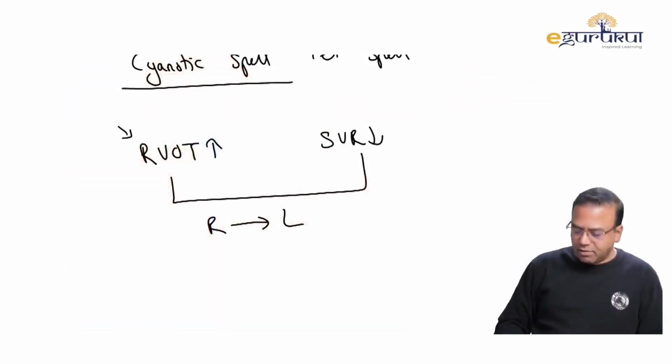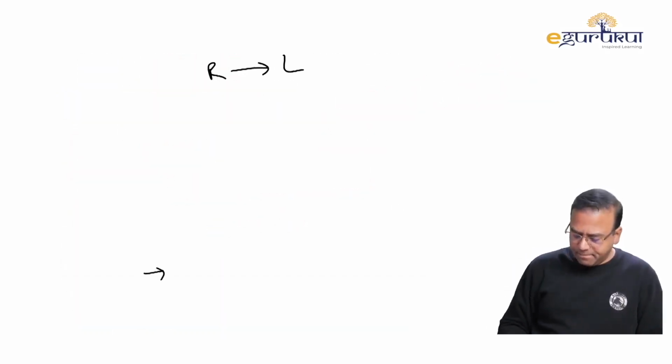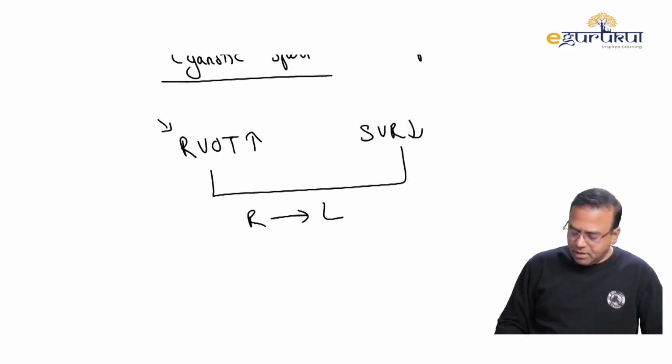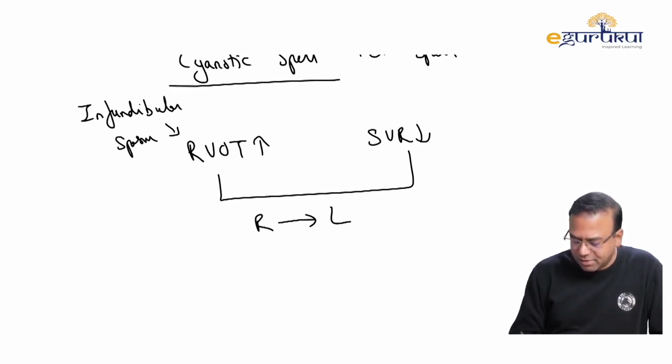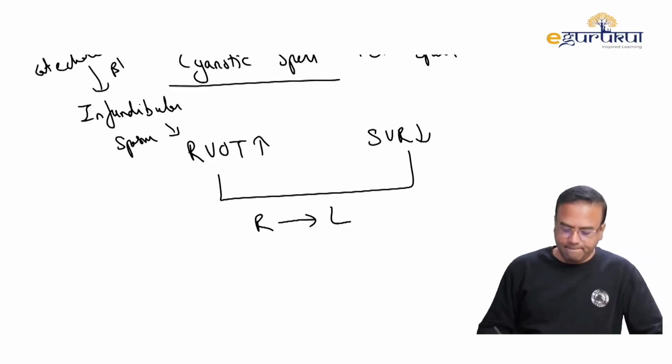So when you look at right to left shunt, we saw the mechanisms for RVOT obstruction. One important mechanism is infundibular spasm. The reason for infundibular spasm, as I was telling you, is catecholamines via beta 1 receptors.